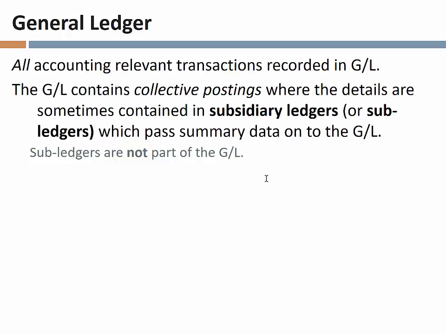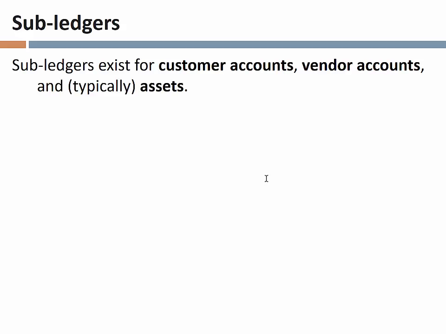So what are these subsidiary or subledgers? Subledgers exist for those entities that we tend to have a lot of transactions with. So we will have a subledger for all of our customer accounts. We will have a subledger for all of our vendor accounts.